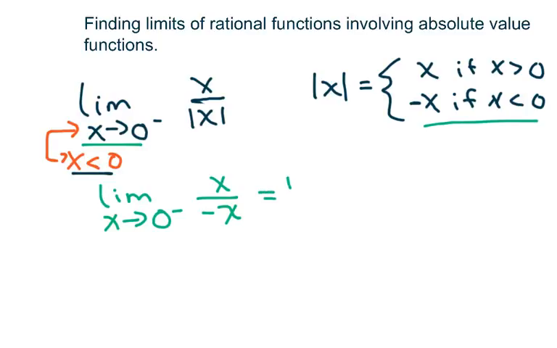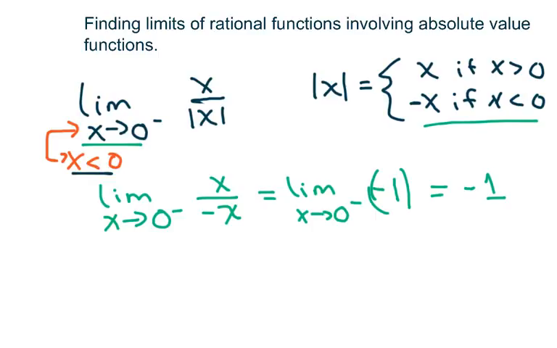Now that's going to equal your limit as x approaches 0 from the left of negative 1. And you know that when you take the limit of a constant, it equals the constant. So the limit as x approaches 0 from the left is negative 1. So that's your left side limit.